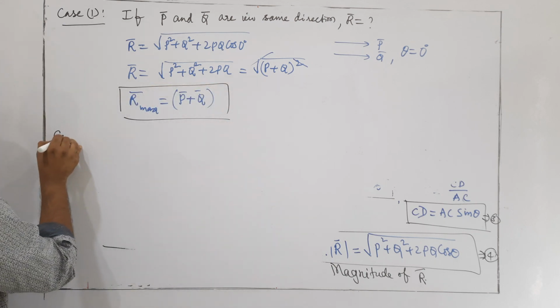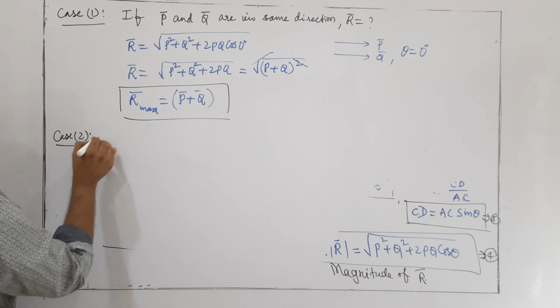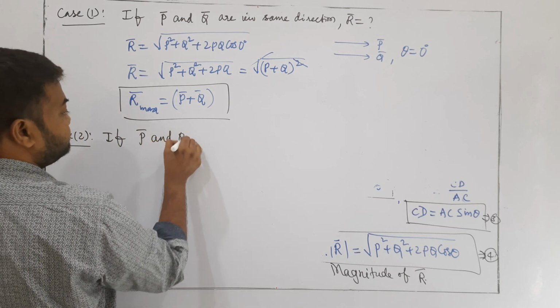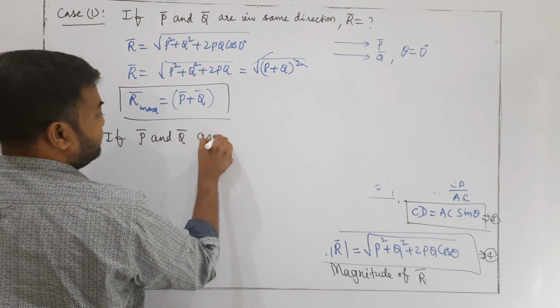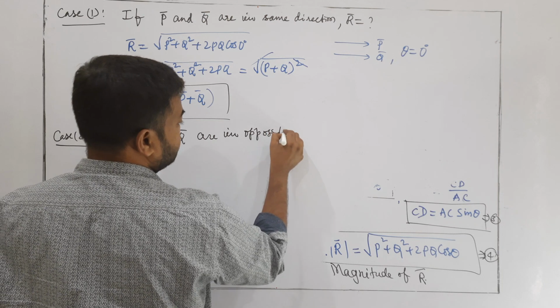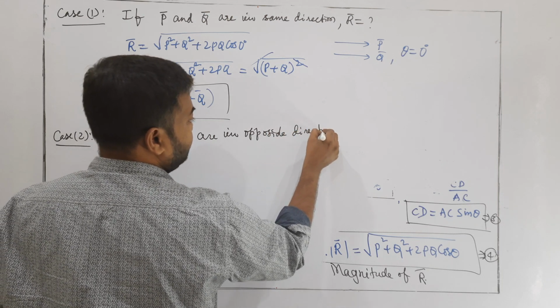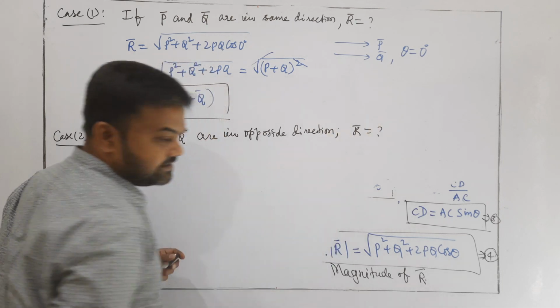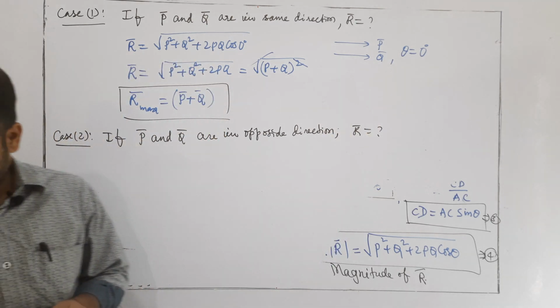Case 2. If P bar and Q bar are in opposite direction, then R is equal to how much?